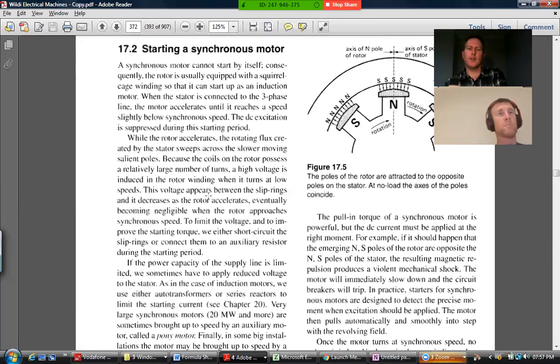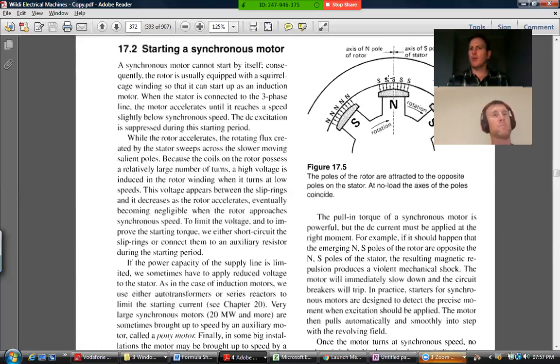Alternatively, they discuss it here that you can have an extra winding in the machine, which makes it act like an induction machine. So an extra winding on the rotor, so that you can keep the exciting current off, and you can rely on slippage between the rotor and the stator to induce current, like you would have had for an induction machine.